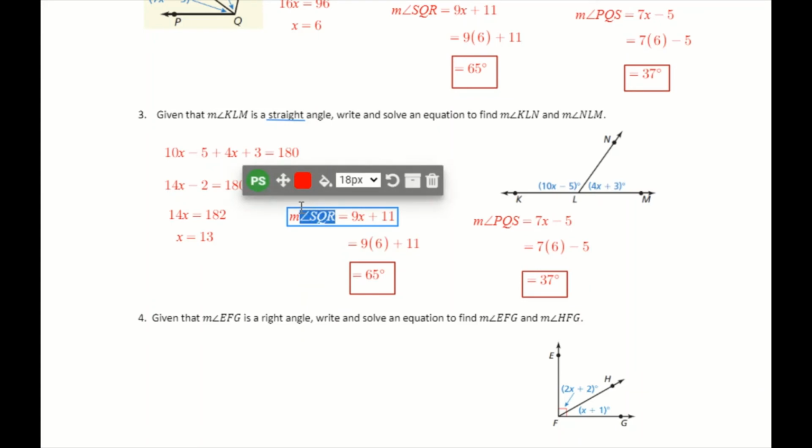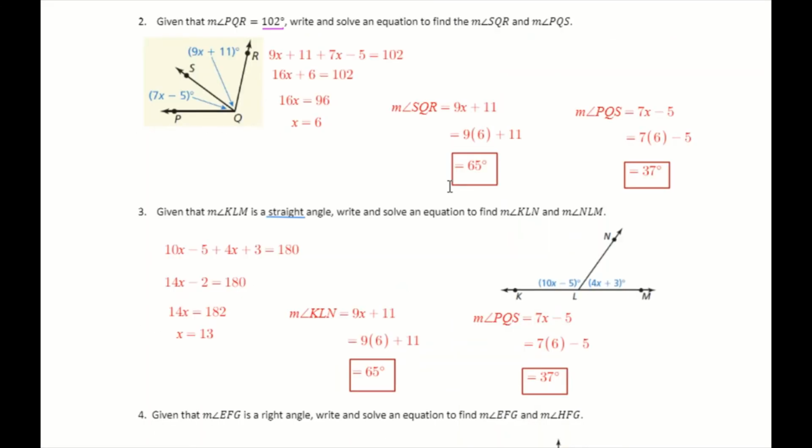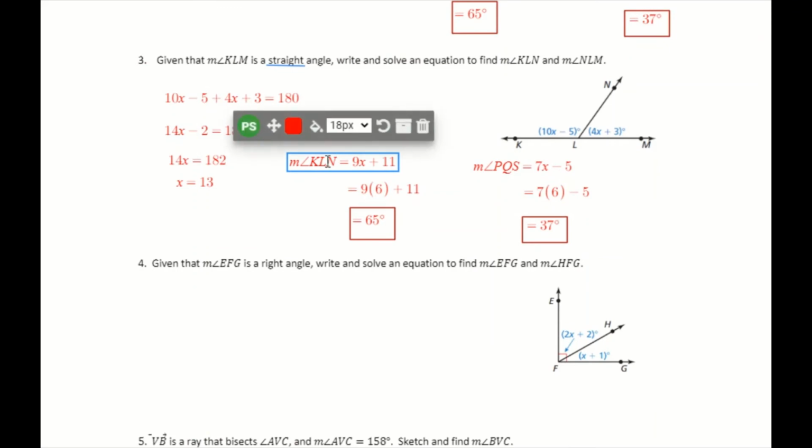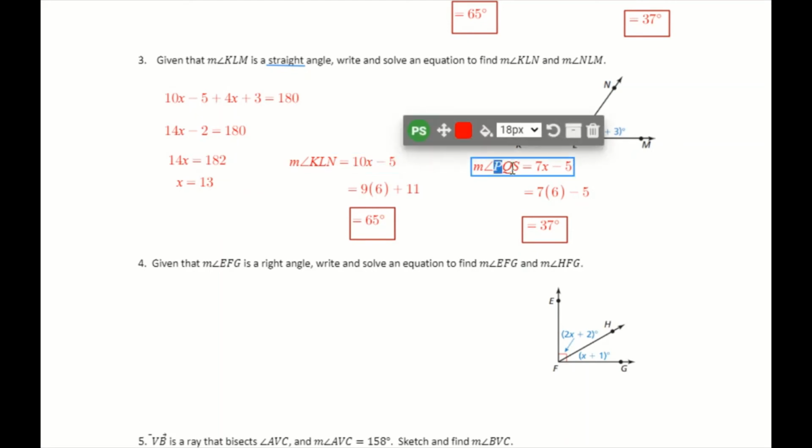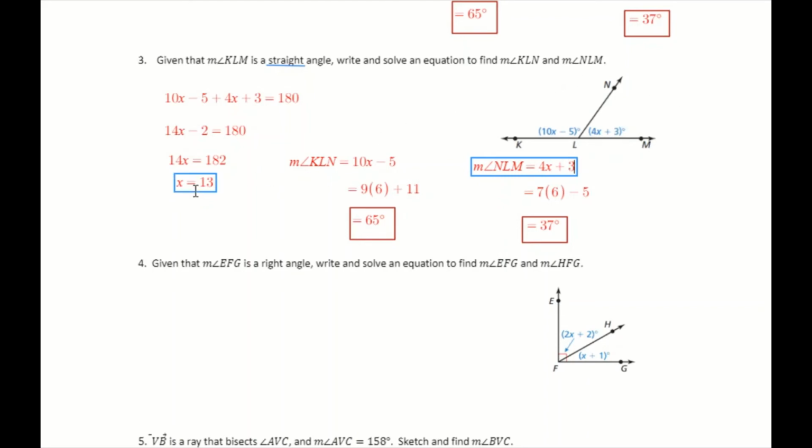So KLN is 10x minus 5, and NLM is 4x plus 3.